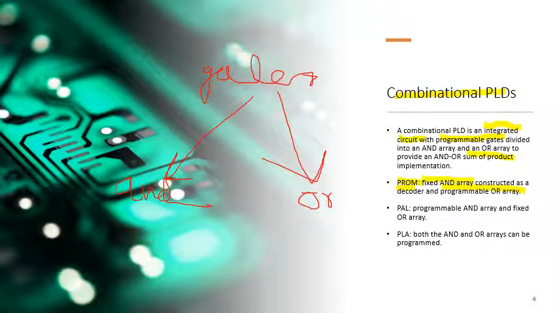We have two other distinct structures, programmable array logic and programmable logic array. These are a bit similar to programmable ROM, but the difference is that in programmable array logic, PAL, we have the AND array that is programmable, but we have the fixed OR array.